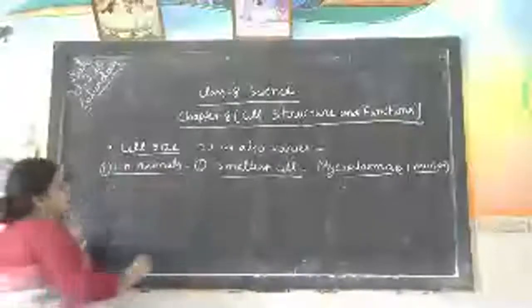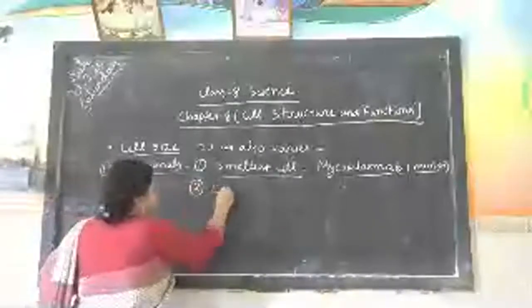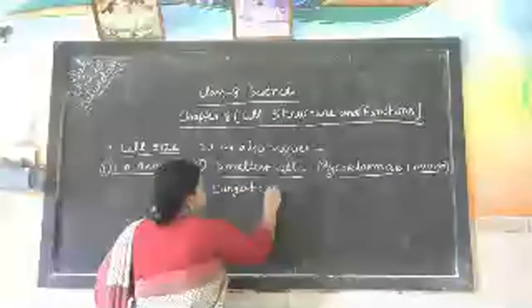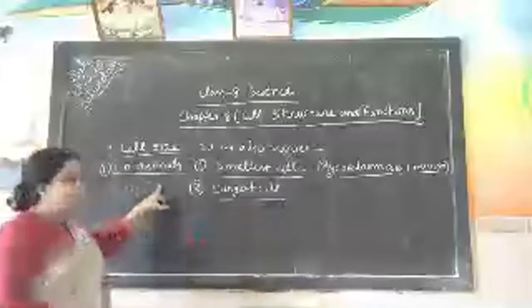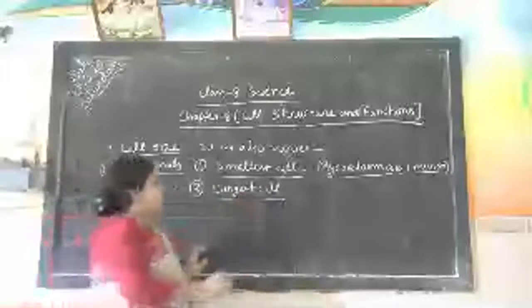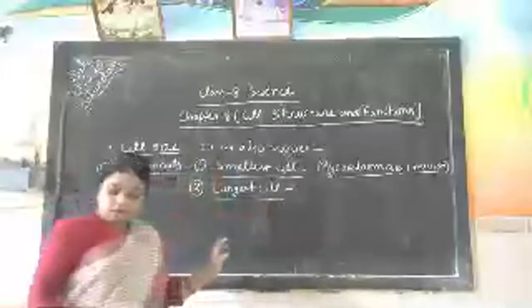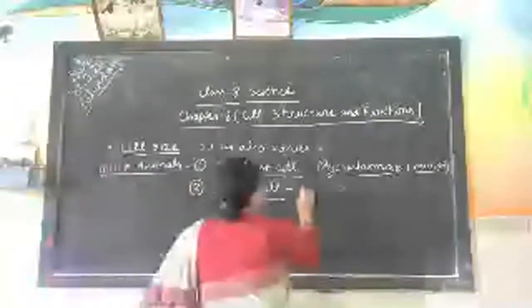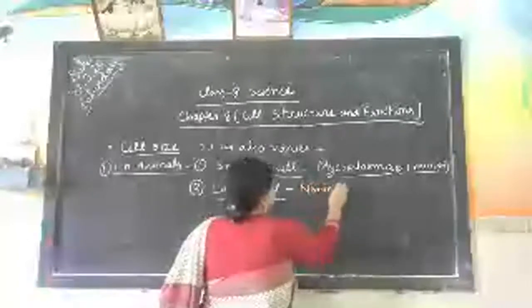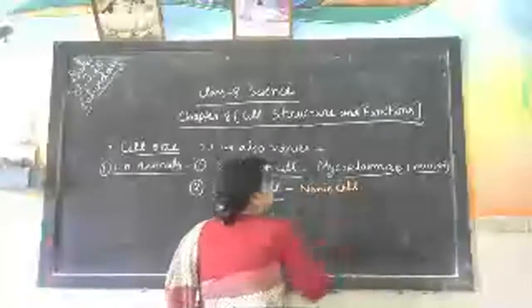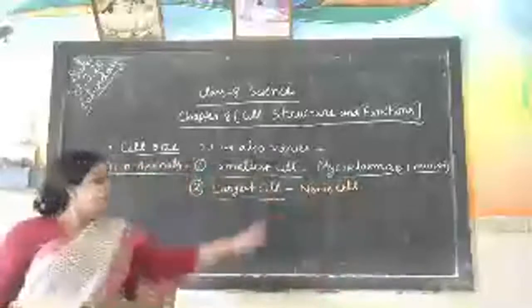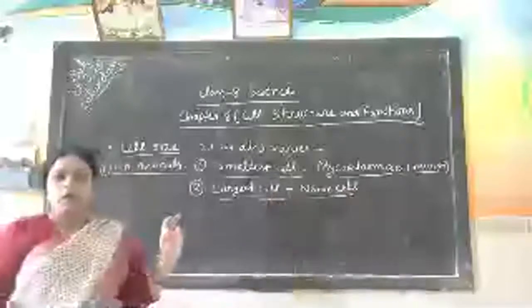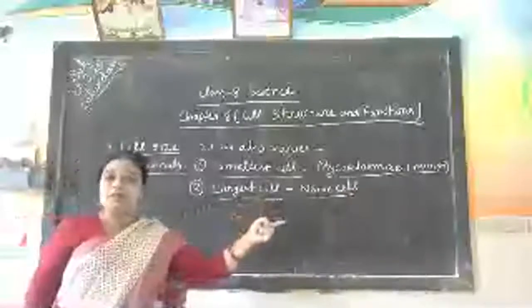Now, the largest cell in animals is nerve cell. Okay. Nerve cell. This is the longest cell in animals. Do you know the function of nerve cells?